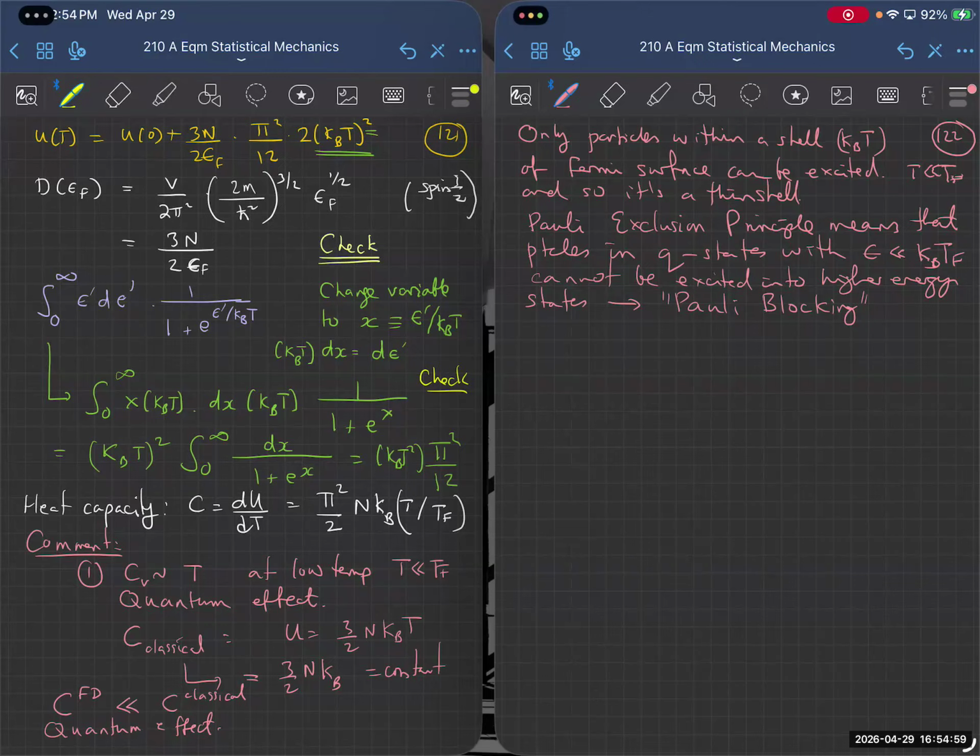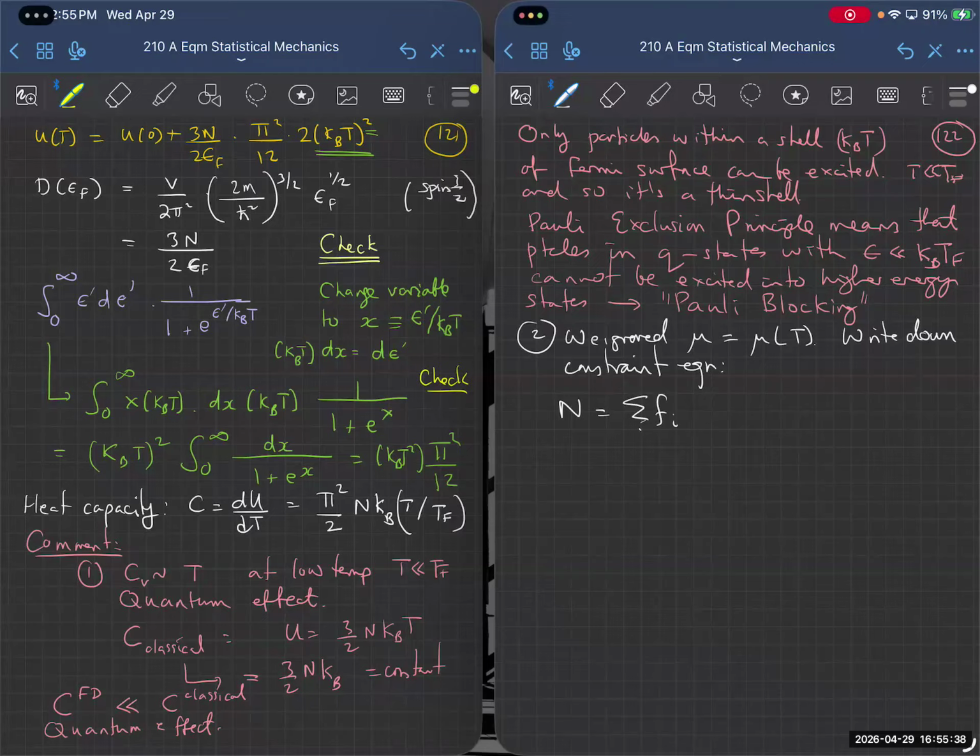Now, what we've done here is note that we ignored, so comment number 2, the fact that mu is a function of temperature. So what would it look like as a function of temperature? Let's write down the continuum equation, the constraint equation. The constraint equation is formally this, and now let's run it into the continuum.